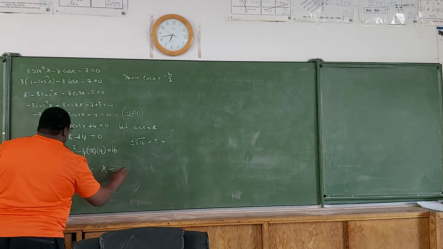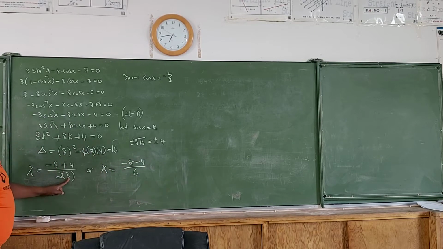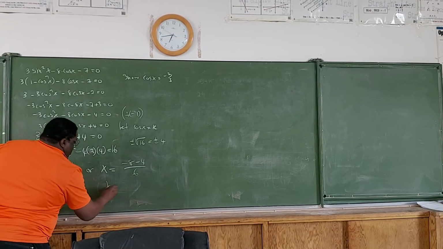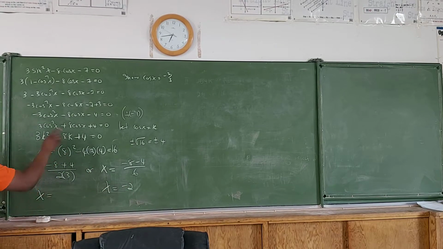So k is going to be minus 8 minus 4 over 6. 6 comes from 2 times 3. So k is equal to negative 2, or this is simplifying to negative 2 over 3.